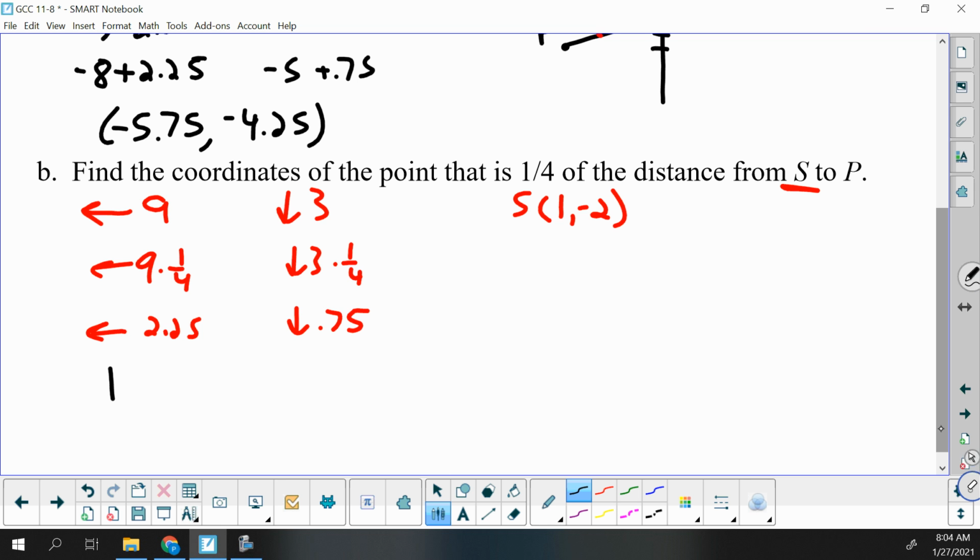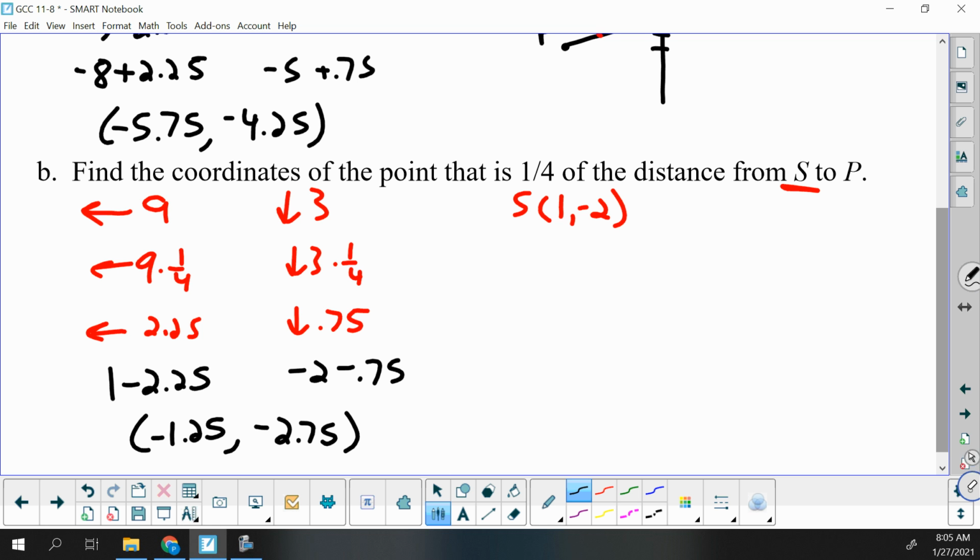Our x value is going left, so left you subtract. And when we subtract those, we get -1.25 for the x value of our point. Our y value started at -2 for S. We're going down, so we're going to subtract 0.75, and this will give us -2.75.